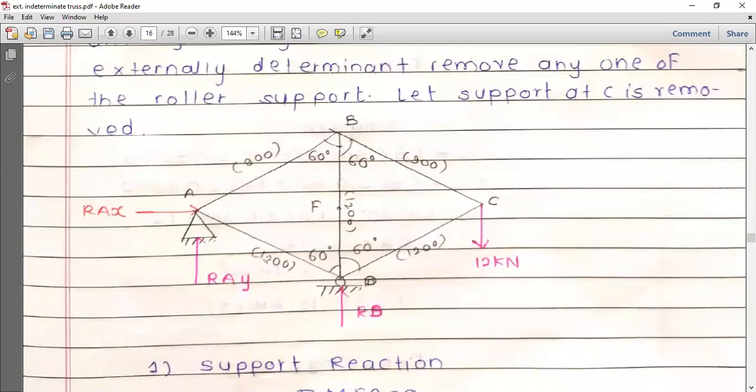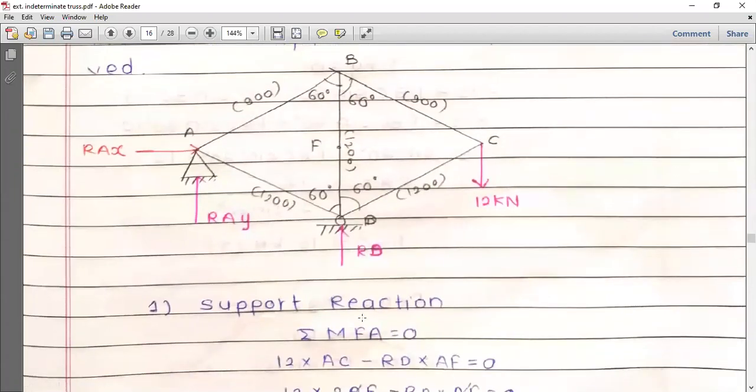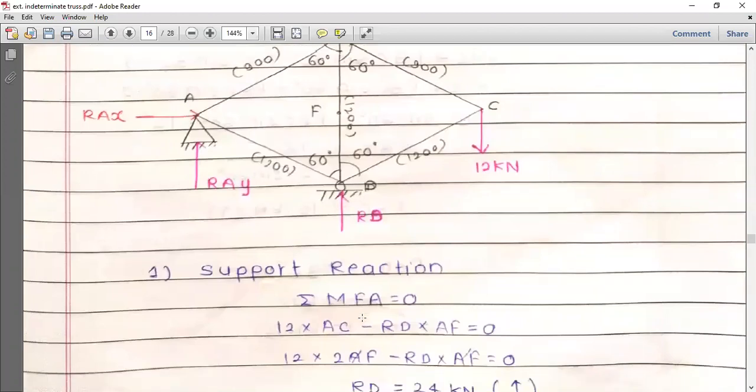These are the assumed directions. Now we'll go for finding out the magnitude of these reactive components. Just take a moment at A.